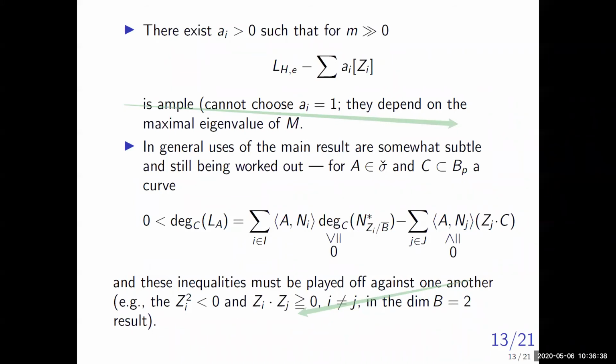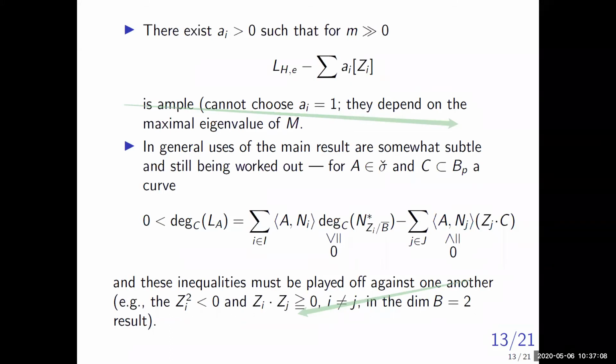And you cannot choose the a_i to all be 1. You can't just take L and look at sections of the extended Hodge bundle that vanish on Z; that's not an ample bundle. That won't be true. What are these a_i? I'll just say what they are in a minute. You have the intersection matrix, which is negative definite, and the off-diagonal entries are non-negative.